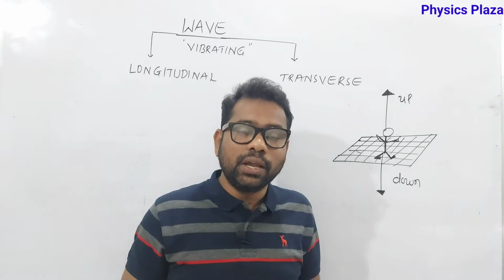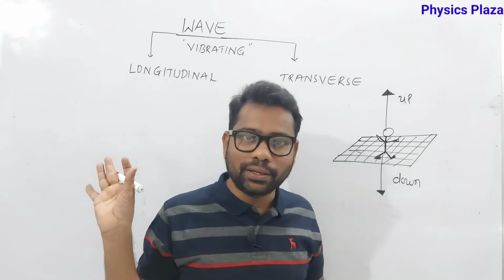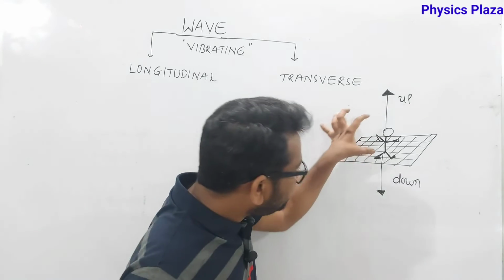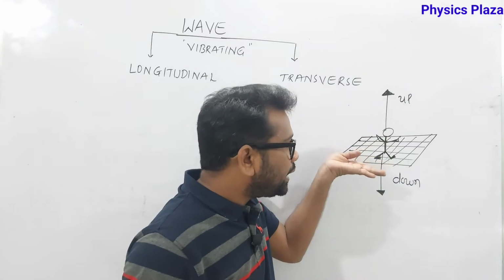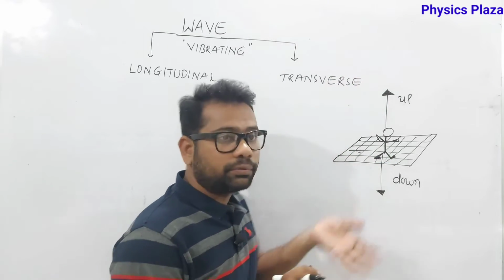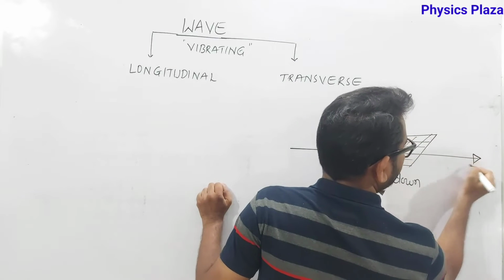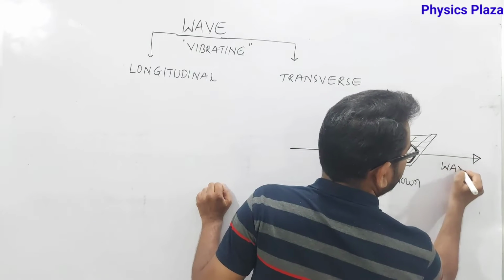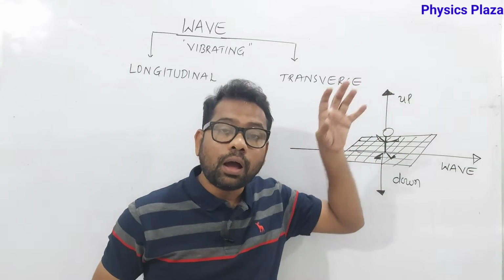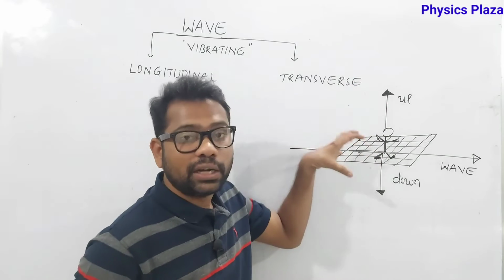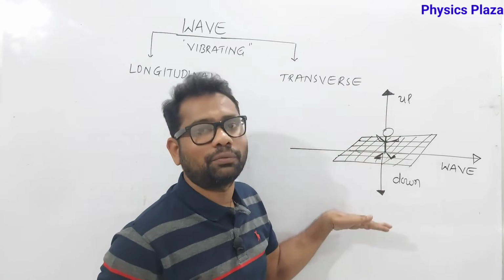Let us think that this boy or girl is a molecule, vibrating up and down. Children, the wave is going like this. This is the direction of propagation of the wave. To this direction, how is this particular child vibrating? Up and down, up and down.